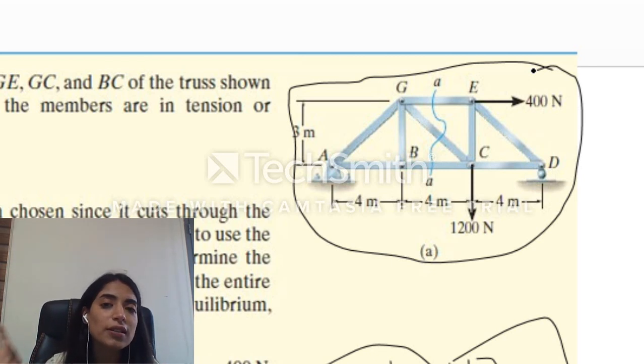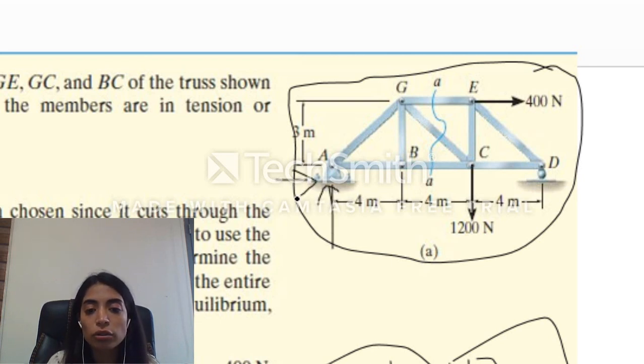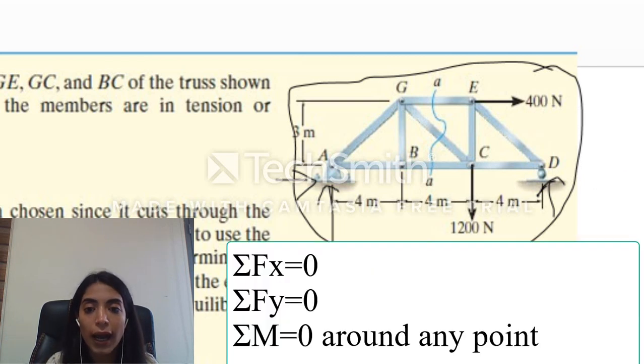So the only forces acting on this whole truss are the external forces, that are the reactions. 1, 2, 3 reactions. So I only have 3 unknowns. I can apply the equations of equilibrium on the whole truss. I can find my 3 reactions, and then I can take the left or the right.